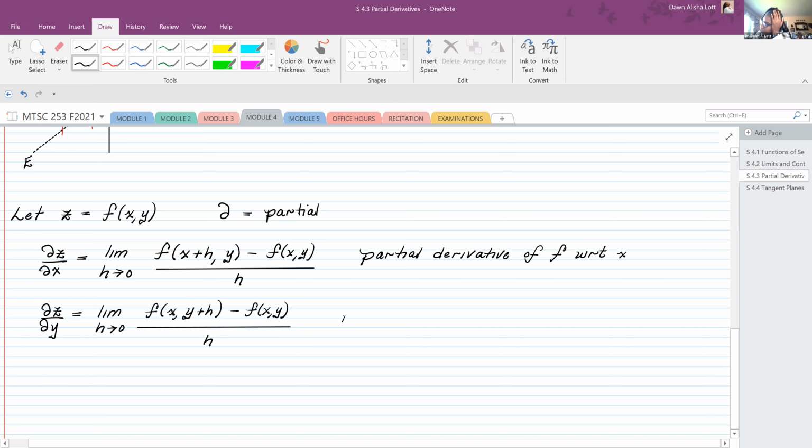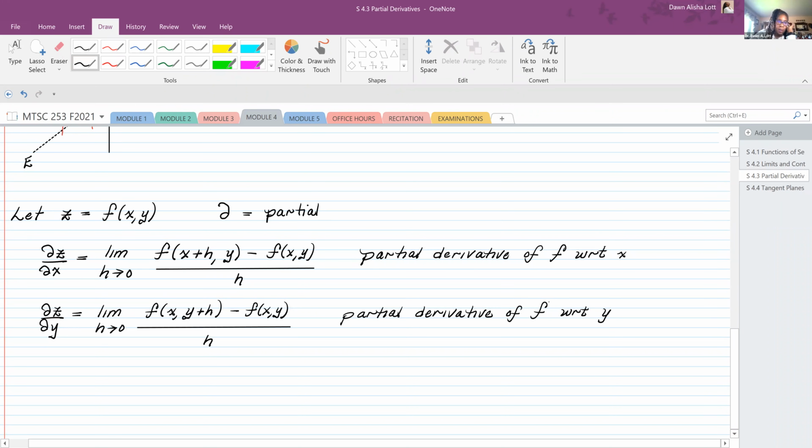And this is the partial derivative of f with respect to y.